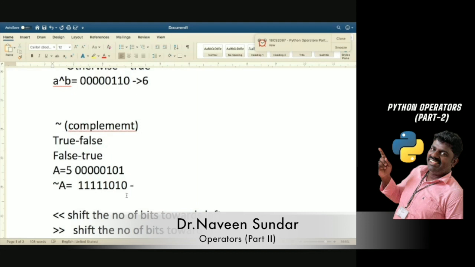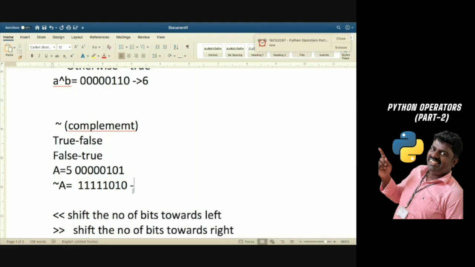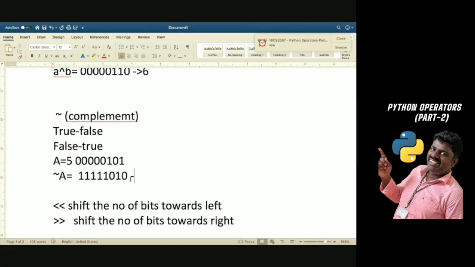So here 0 into 2 power 0, 1 into 2 power 1, and then you can just put it right.